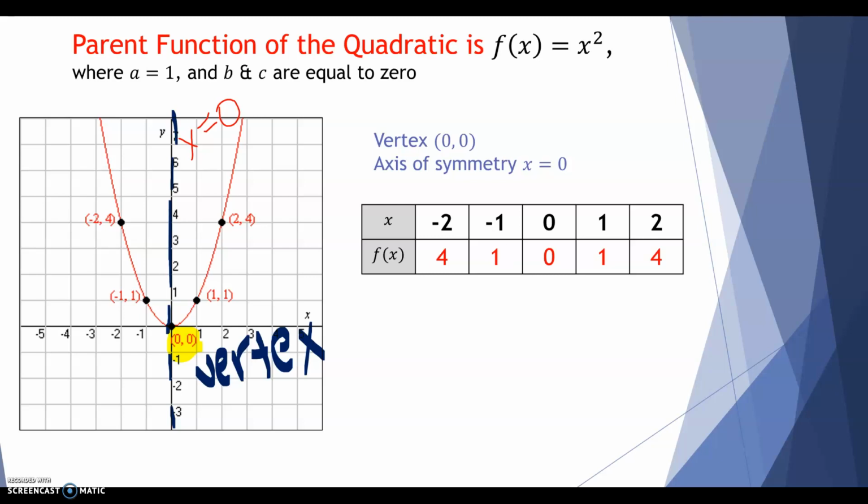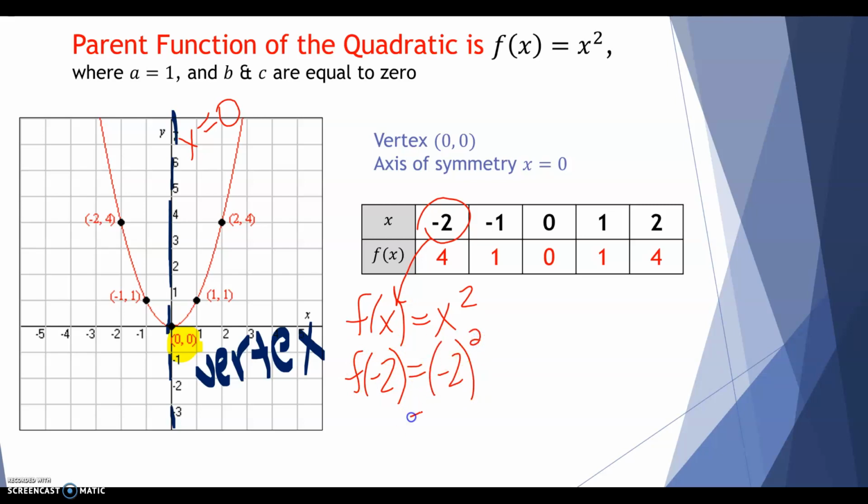So let me show you how I got these numbers. If you have f of x equals x squared, this is your x of -2. So I'm going to plug it in right here. And again, we did this in chapter 3. If I plug in -2 squared, that would equal 4. So there is where I got the 4. Then I will do -1.